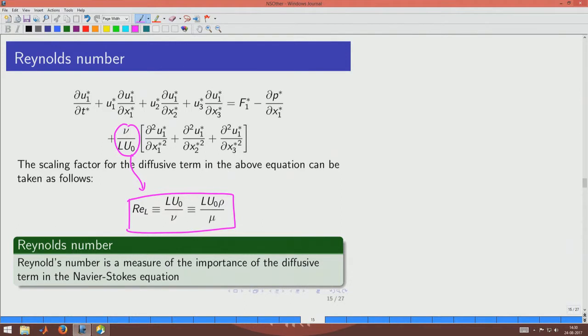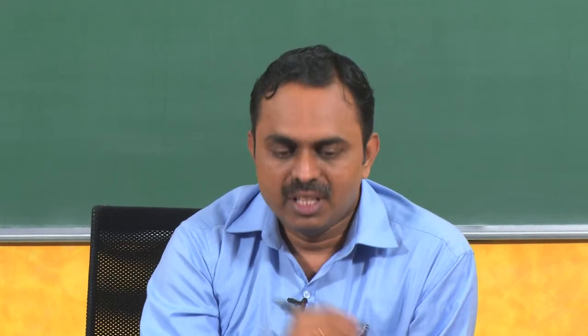So, the Reynolds number actually characterizes the Navier Stokes equation for a given problem. Which means that the solution of this equation, as long as the Reynolds number is the same, is going to be the same, which is a great relief, because we do not have to solve this equation every time. We first only non-dimensionalize and check the Reynolds number for the given problem. If the number is the same, then the solution must look the same. Of course, the initial and boundary conditions also must be the same.